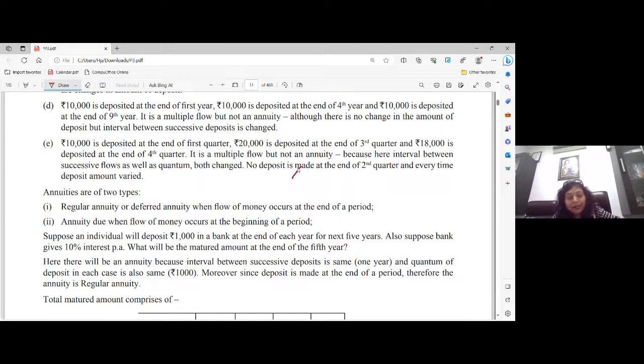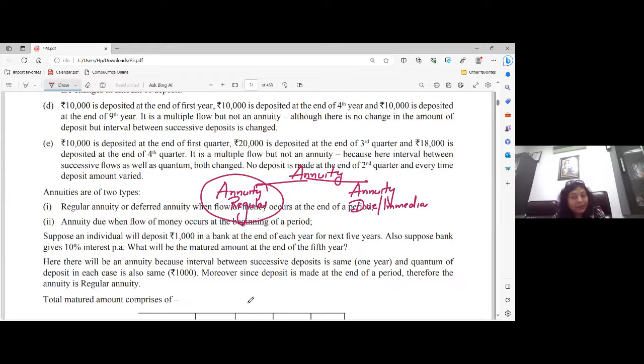Now annuity is of two types. One is annuity regular and second is annuity due or immediate. So we have two types of annuity. When we talk about annuity regular, the basic difference between these two is the date on which you are making payment of the installment.